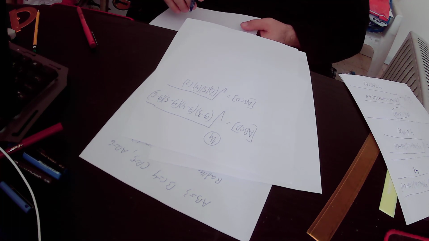So the area of quadrilateral ABCD is the root of 360.